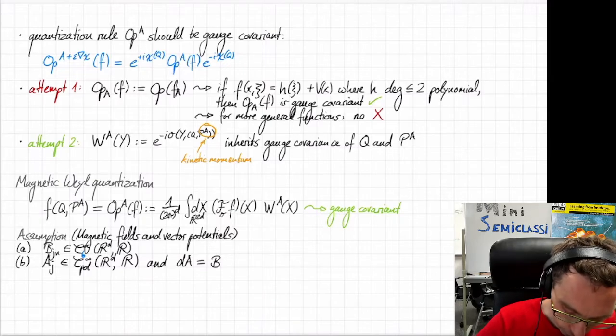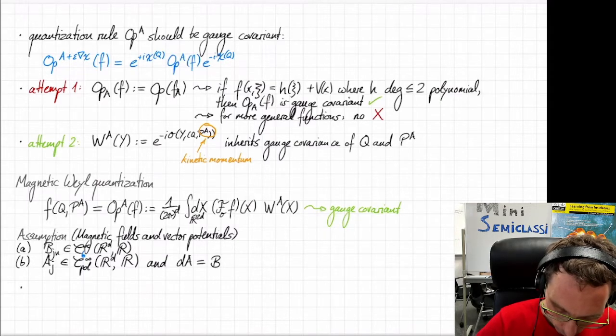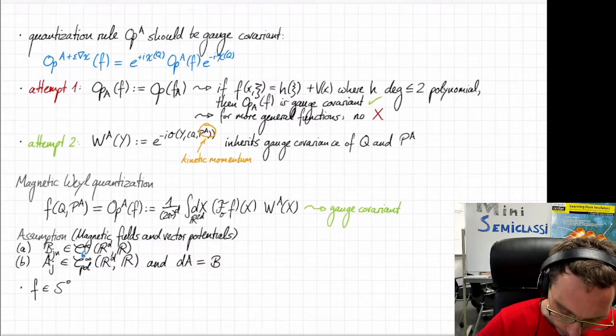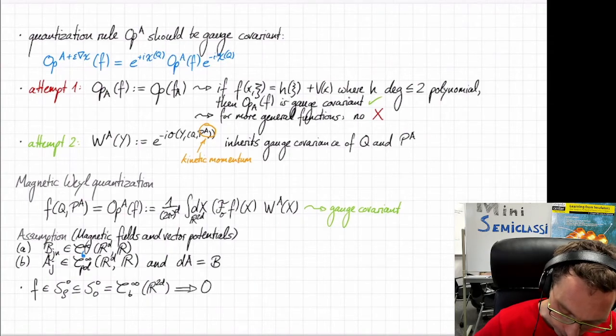And then under these assumptions, you, for example, have that when you're quantizing a function from S^0_rho, which can be embedded into S^0_0, which is nothing but the bounded smooth functions with bounded derivatives to any order on phase space, then the magnetic covariant quantization defines a bounded operator.